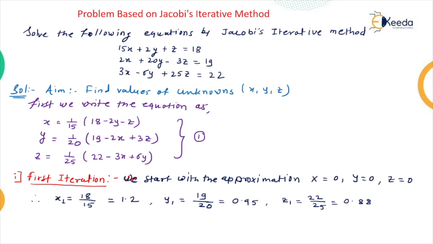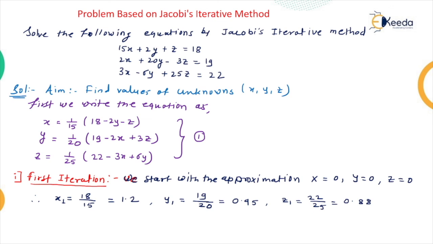Once again I am repeating the process. Firstly, you are given the equations, and your aim is to find the values of the unknowns. For that we use the Jacobi iterative method.